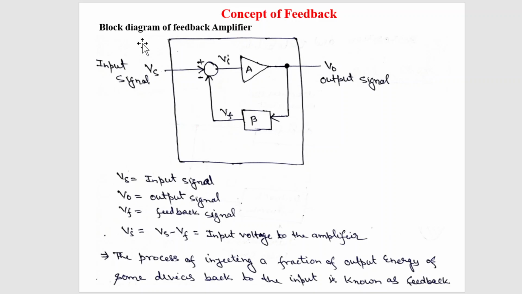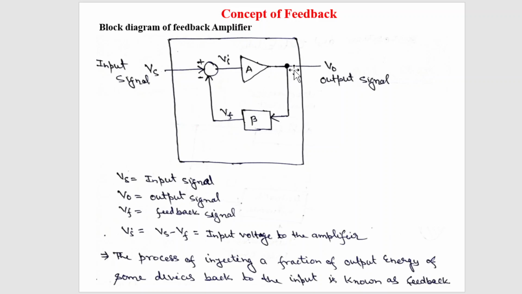If you see the block diagram of a feedback amplifier, we give a source voltage, that is the input voltage, and this is applied as input to the amplifier. This amplifier may be a common emitter transistor amplifier, or a field effect transistor amplifier, or any device which amplifies the input signal. Then you get the output signal.